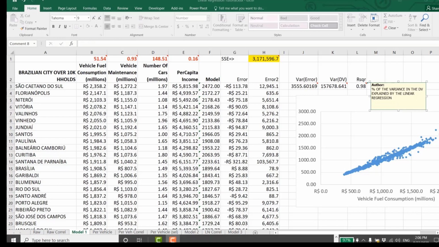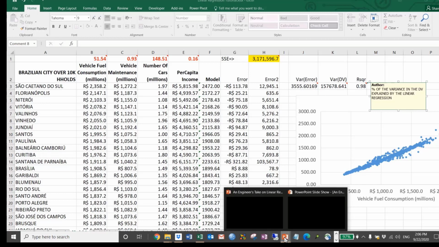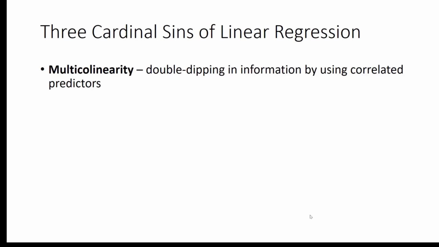And I wanted to talk about what we have to keep in mind when looking at the results from a linear regression. It's what I call 3 cardinal sins of linear regression. Beyond looking at R-square, we also want to consider the dangers caused by multicollinearity. Multicollinearity happens when 2 or more predictors are correlated among themselves.